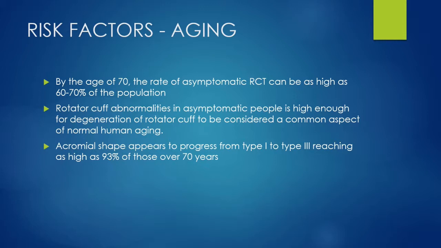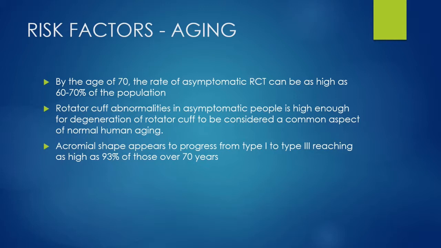This raises the possibility that type 1 acromions may progress to type 2 acromions and then further change into type 3 acromions over time. So as the shape of the acromion process changes over time, it increases the mechanical impingement over time on the rotator cuff tendon, thereby contributing to the development of rotator cuff tendinopathy.